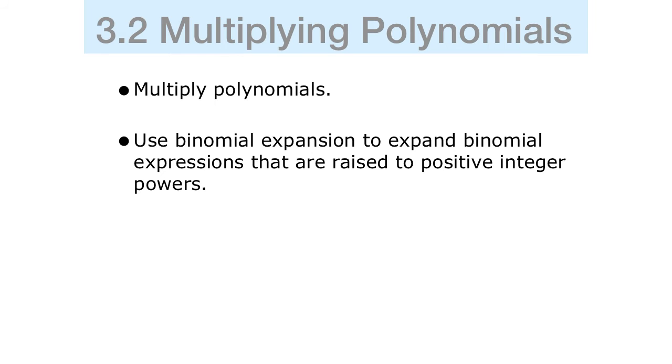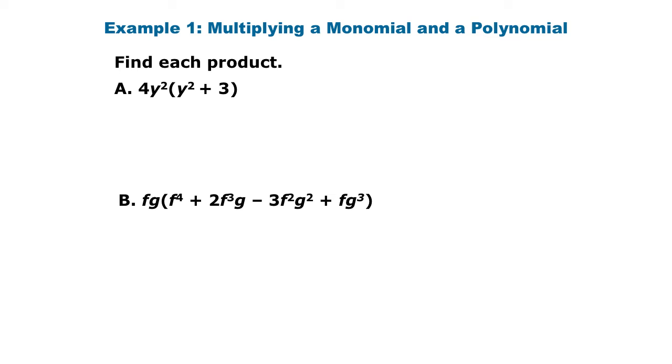In lesson 3.2, now we're going to be multiplying polynomials. The big thing when you're multiplying polynomials is to remember your distributive property. I like to draw arrows with that. And remember that when you're multiplying, if you have the same base, like I have y's right here, I can add those exponents. So 4y squared times y squared would be 4y to the 4th, and that would be plus 12y squared.